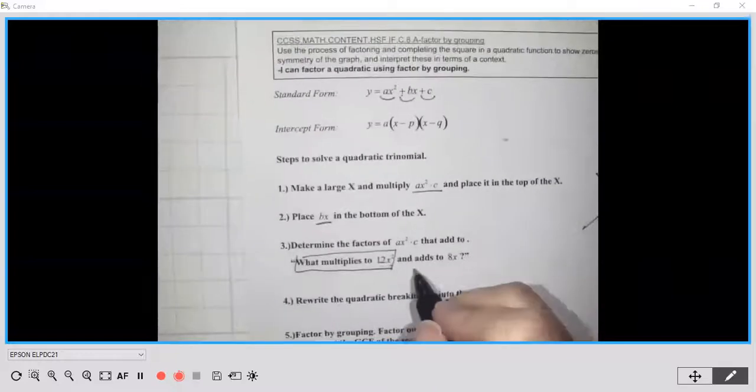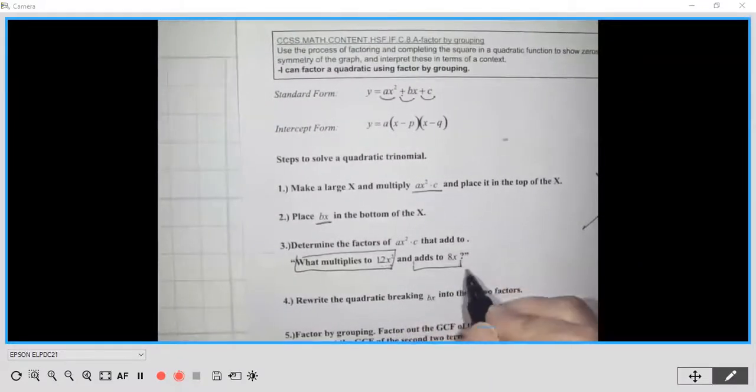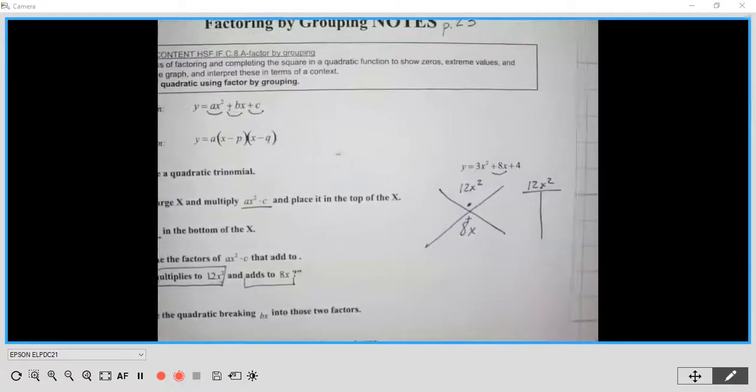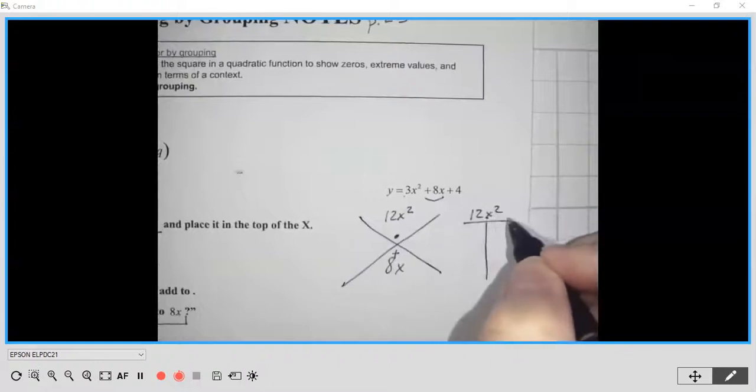And then to help us see which ones add up to 8x, some of you will be able to do these in your head, and that's fine. Some of you are going to want the t-chart over here to help you, and that's fine. I do find that kids make fewer mistakes with the negatives when they use the t-chart for the factors. So what are the factors that I can multiply together to get 12x squared?